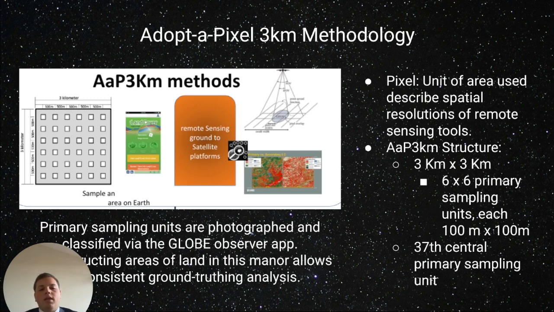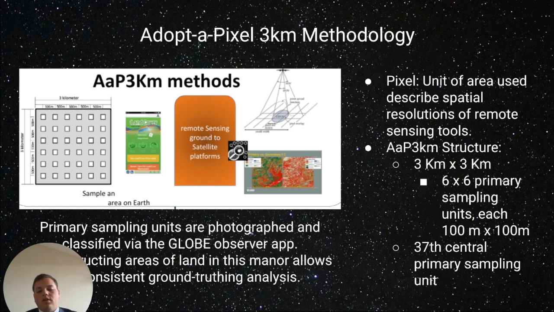So the way we break up land in the Adopt a Pixel 3 kilometer methodology, you have a pixel, which is the word used to define a unit of area used to describe spatial resolutions for remote sensing tools. In our case, we have a 3 kilometer by 3 kilometer pixel, and that can be broken down into a 6 by 6 grid of primary sampling units, each with dimensions of 100 meters by 100 meters.